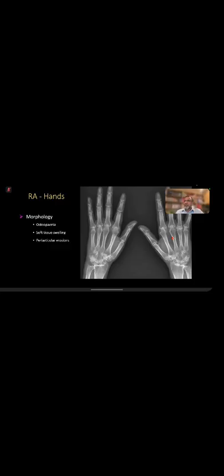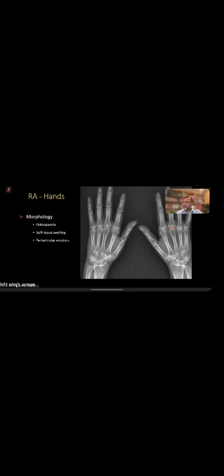Generally, when we see patients with rheumatoid arthritis, we see periarticular osteopenia. Look at how much low density there is around the joints. These are fine in the middle, but the periarticular osteopenia is not much in the PIP and DIP joints, mainly centered in the wrist joint and around the MCP joints.